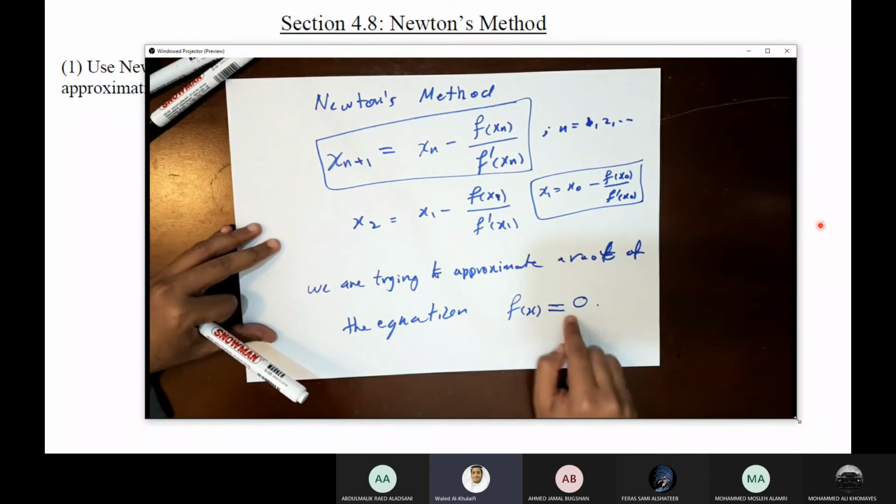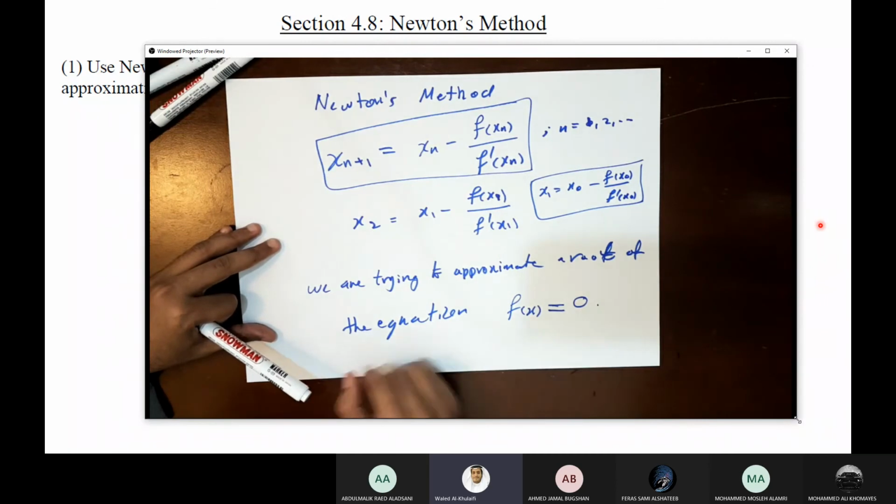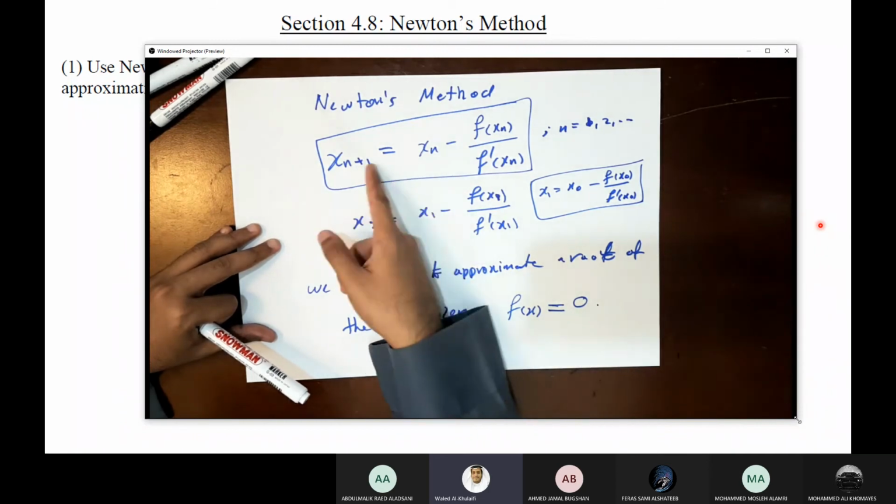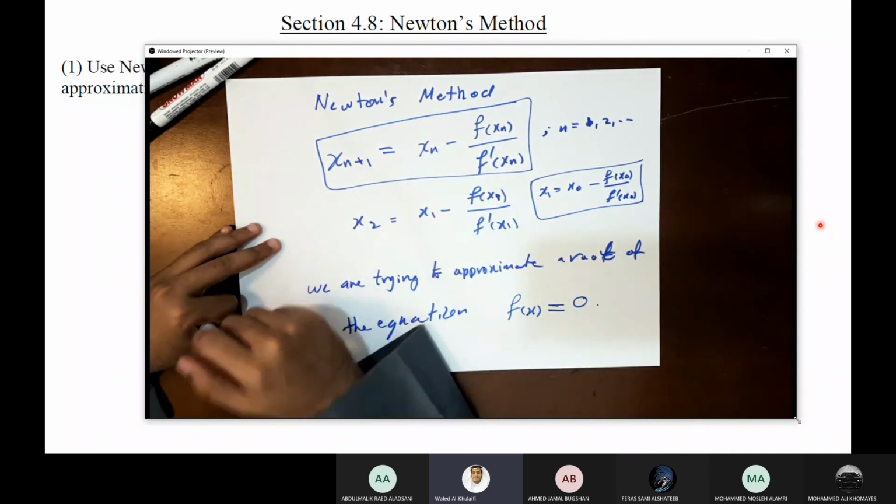This is an algebraic equation, and for some functions, as you're going to see in these exercises, it is not easy to find the roots. So we try to approximate it by using this formula, which is called Newton's method.